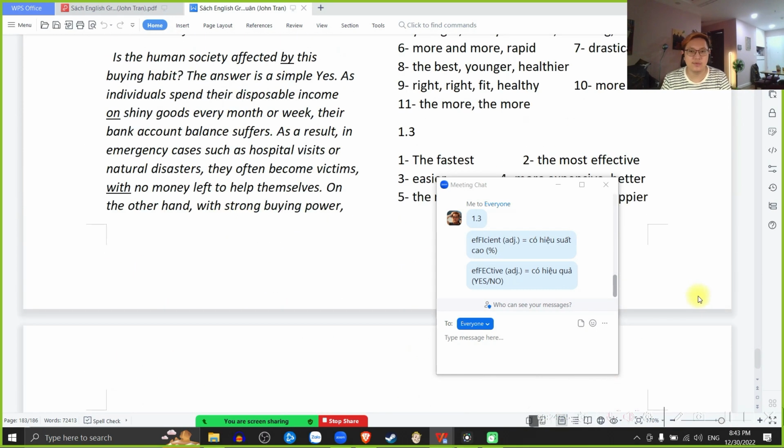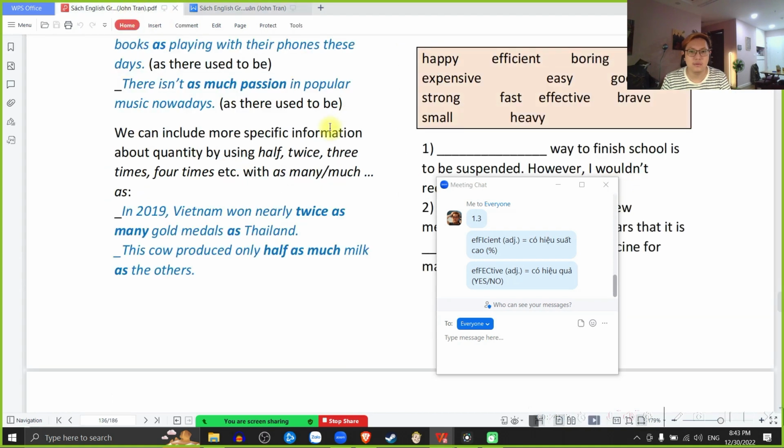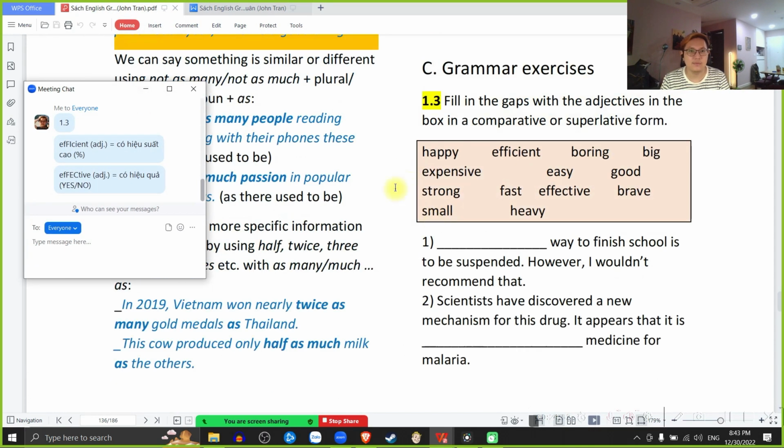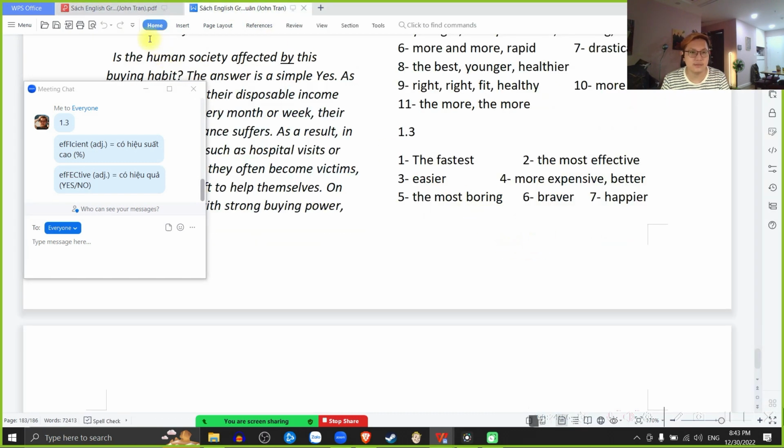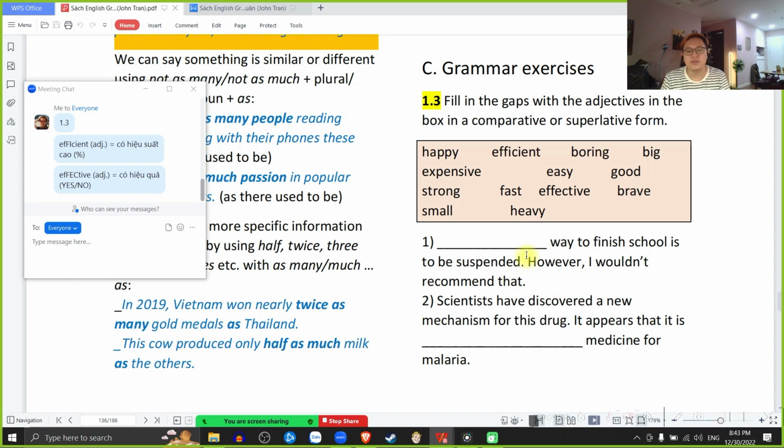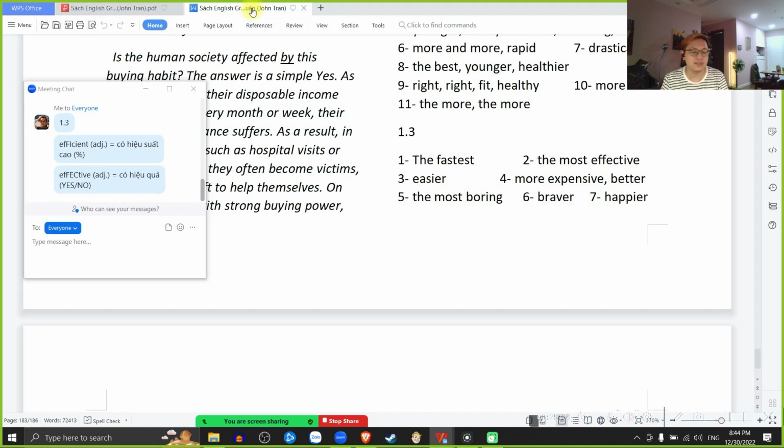Wait, not 1.3, is it? Yeah, 1.3. So number 1 is the fastest. Number 2 is the most effective. Just write them down, okay?